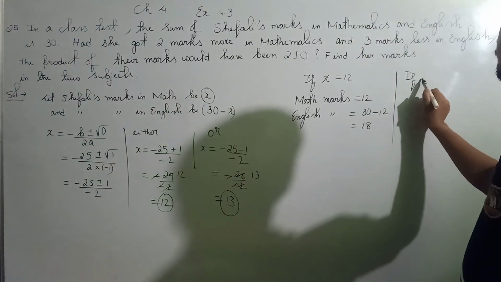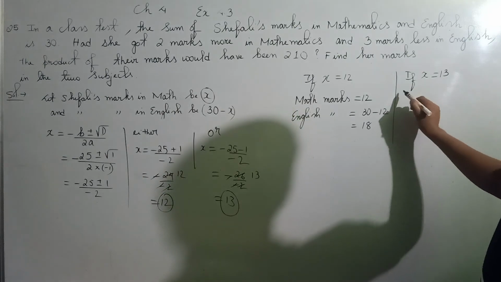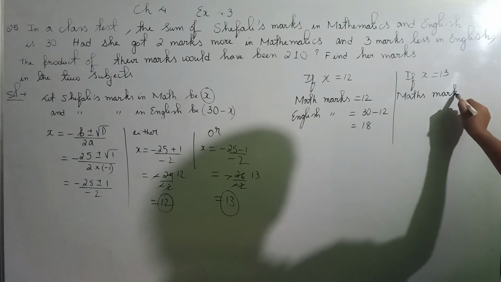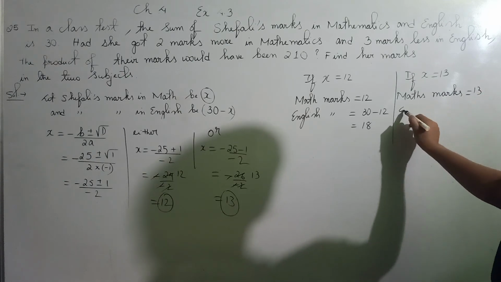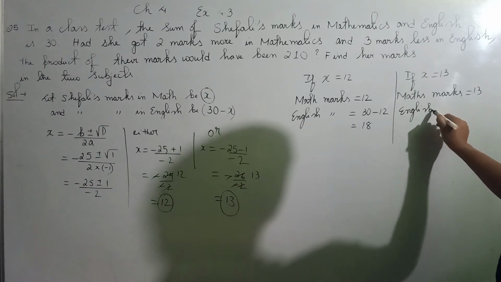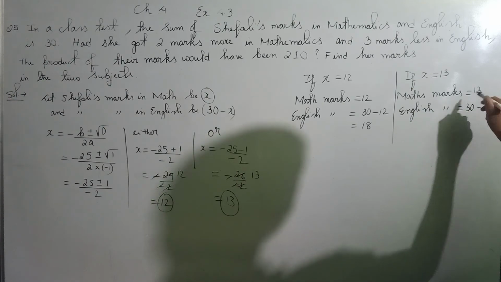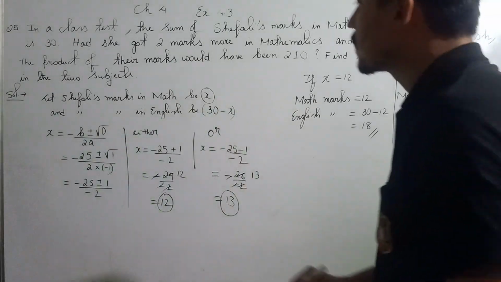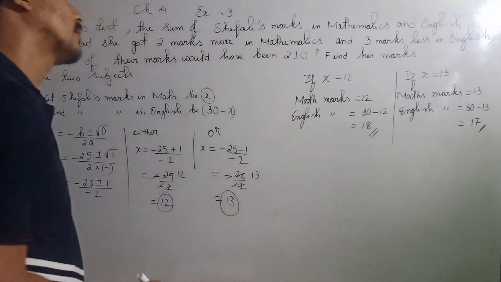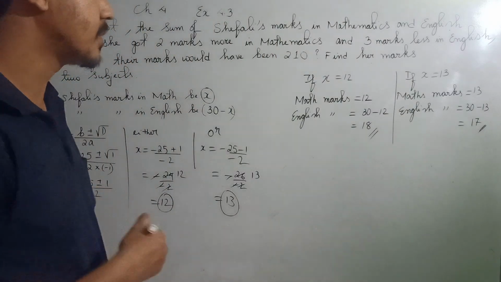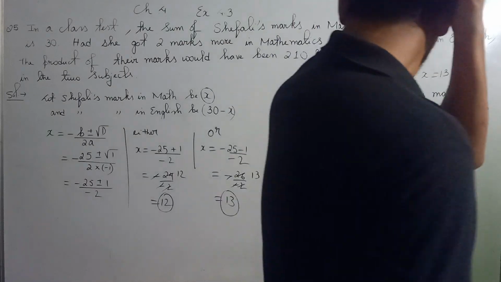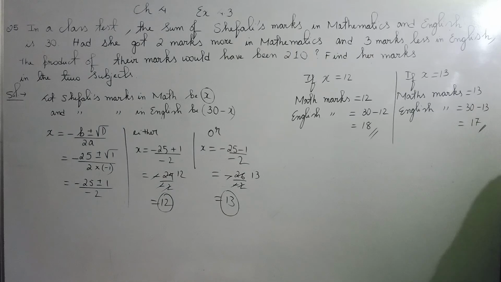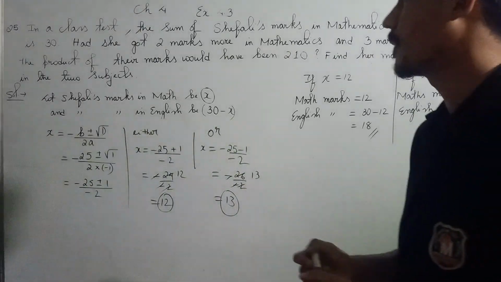But if you consider the value of x to be 13, then her maths marks is x, which is equal to 13, and her English marks is 30 minus x, 30 minus 13, which is equal to 17. So if Shefali got 12 marks in math, then her English marks would be 18. And if Shefali gets 13 marks in math, then her English marks would be 17. Alright?